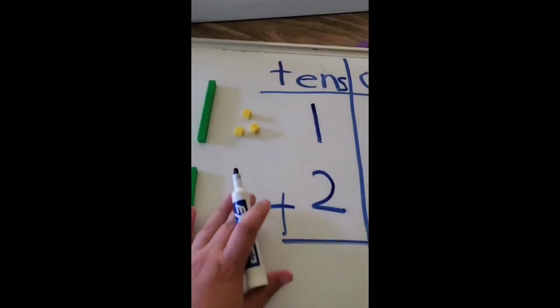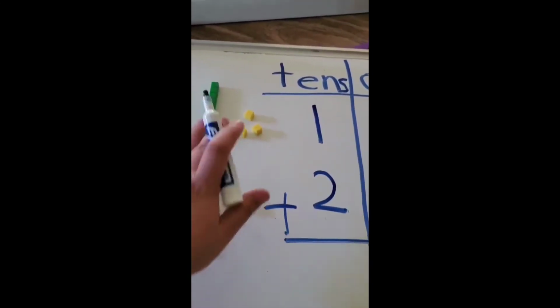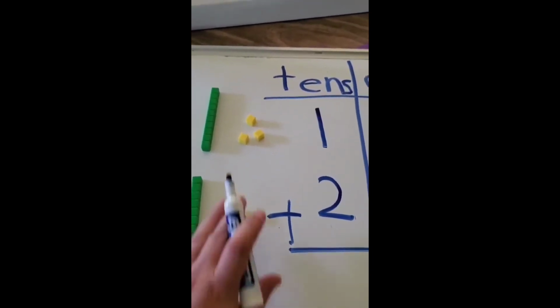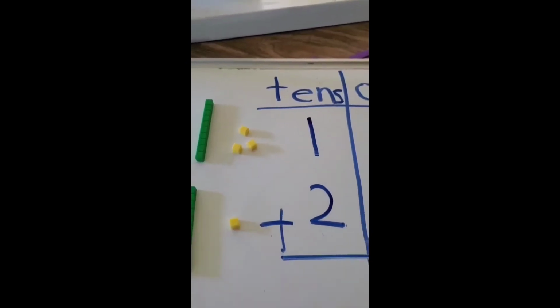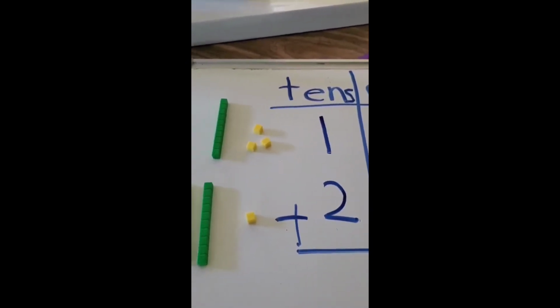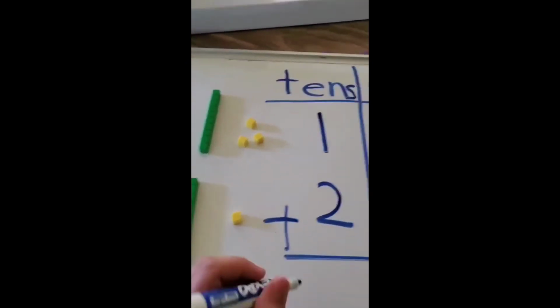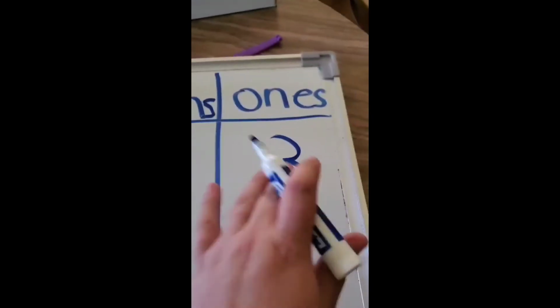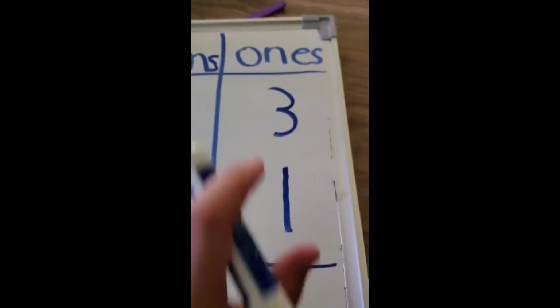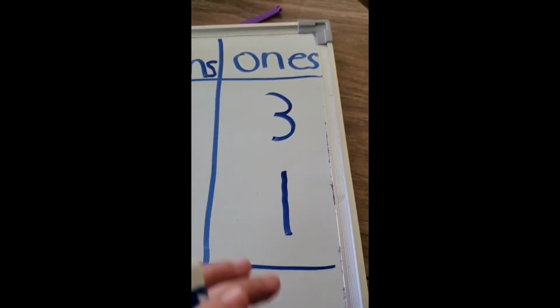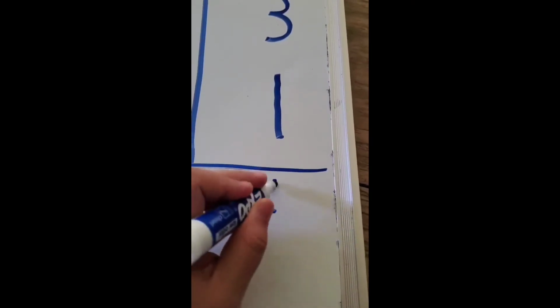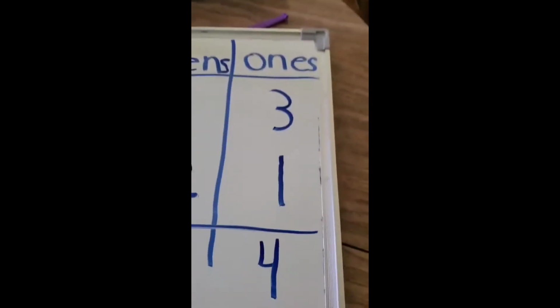So if I added up all the units, how many units do I have? The little cubes. 1, 2, 3, 4, right? So if we looked over here, here's the 3, and there's the 1. So 3 plus 1 is 4.